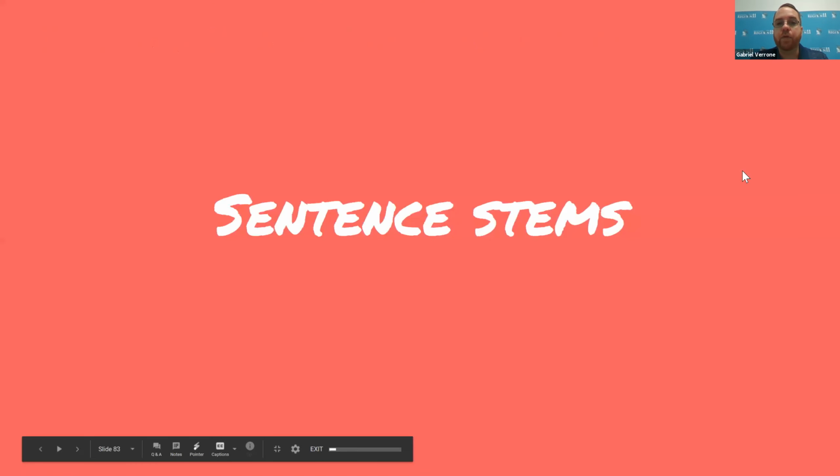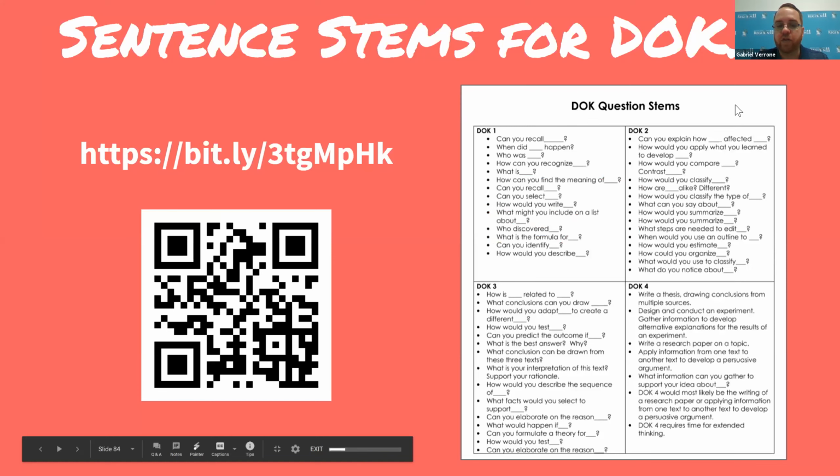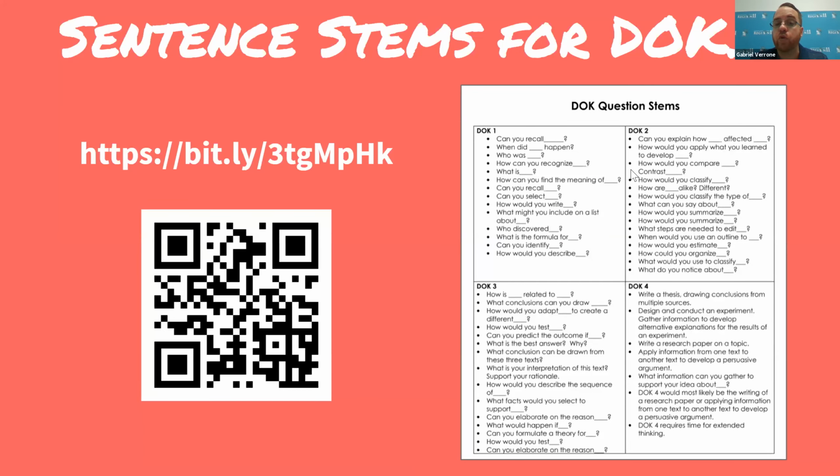So again, we've already talked about sentence stems. I'm not going to do that to death, but I'm going to provide you with some question stems that are specifically related to depth of knowledge. So you can look at the verbs in your TEK and determine which kind of questions are appropriate, right? And again, the nice thing about a question stem, right?